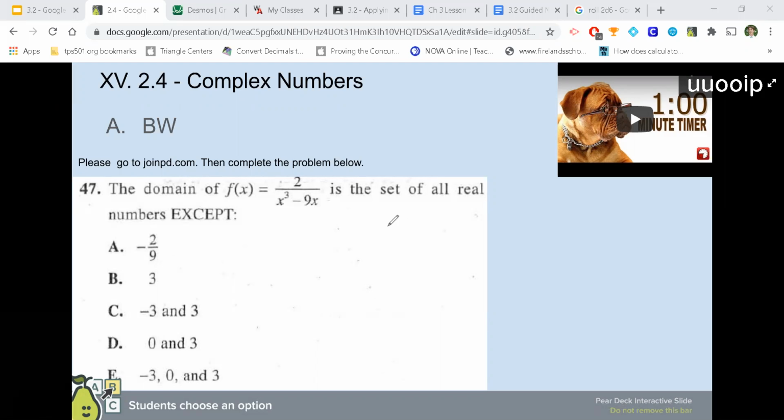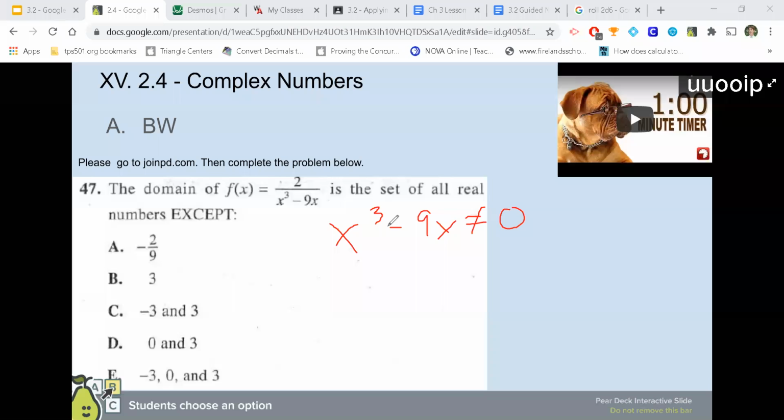We can't get 0 in the denominator. That's right. So x cubed minus 9x cannot equal 0. If we equal 0, then when we try to divide 2 by 0, our calculator will explode. And then you'll be escorted out of the ACT because you created a distraction for the rest of the students, right? Of course.